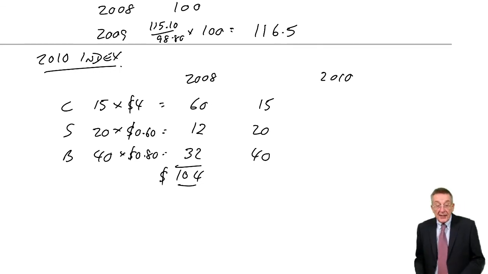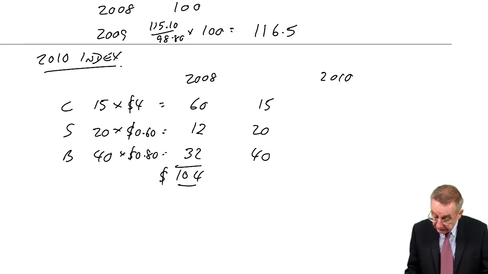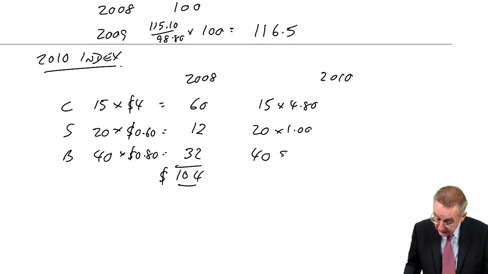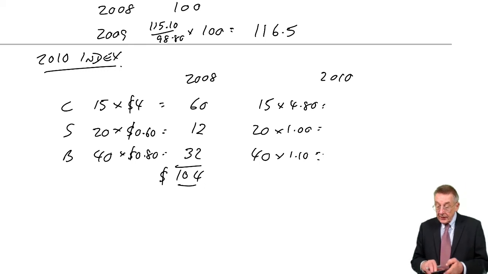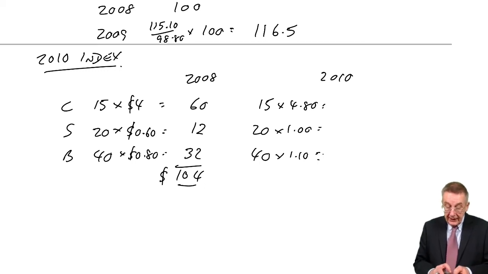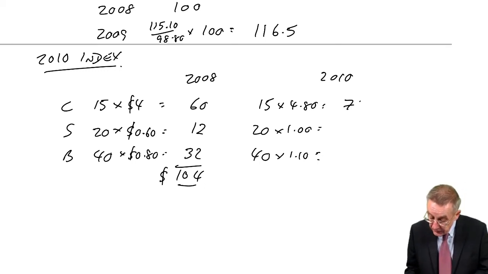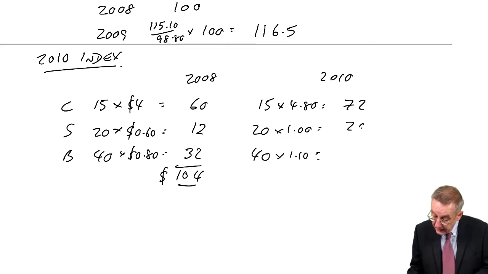And what did the same basket cost in 2010? $4.80, $1, $1.10. The same basket in 2010 would be 15 times 4.80, 72, 20, 44, 136.